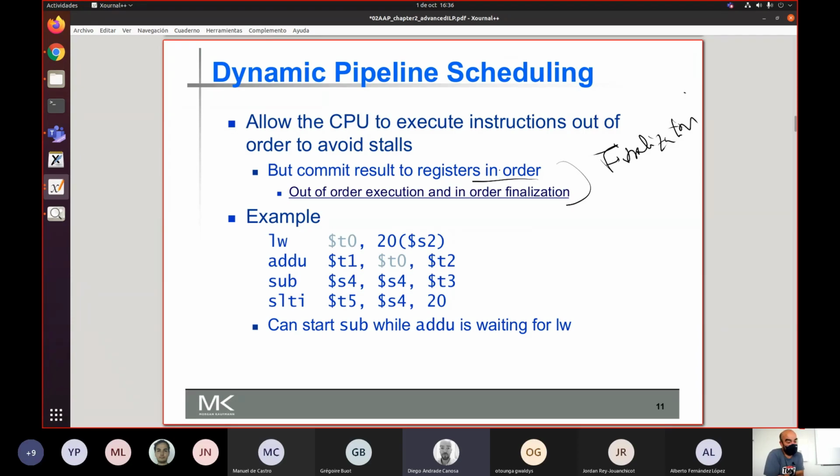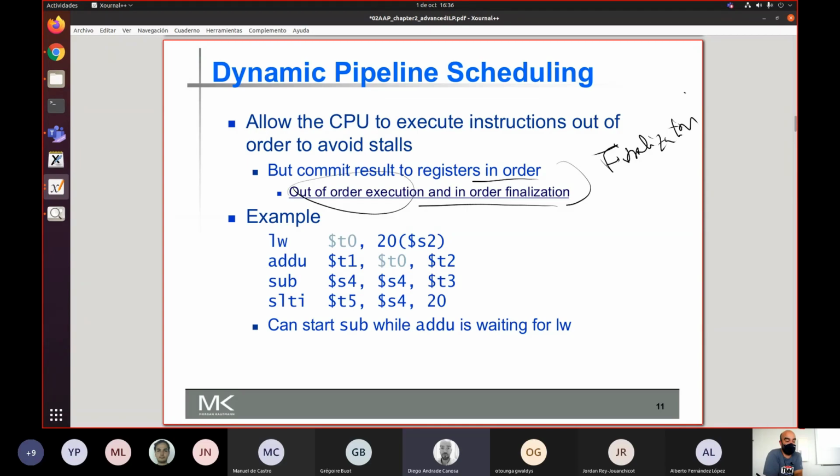But there are also many examples of processors that can handle situations where the completion of the instructions happens out of order. So obviously this is going to complicate further the design of the processor. Okay? Okay, so this is just a tiny example of an out of order execution.